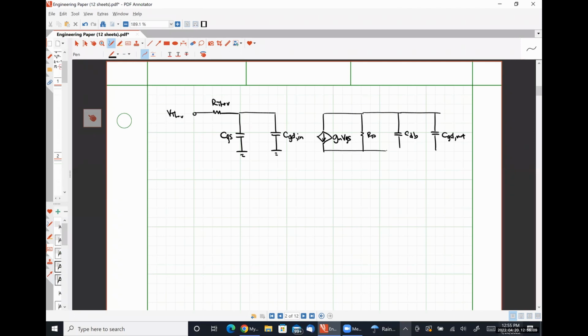So the contribution that shows up on the output side. Ground. And then here's our output node.